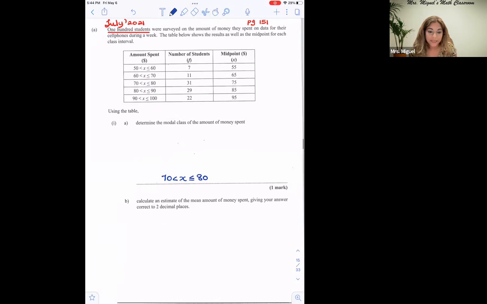So if you don't have it, take it out. We want to find the mean. So just now we found the mean. We need to extend our column and find f x. So go ahead, extend your table in your book and multiply f by x.